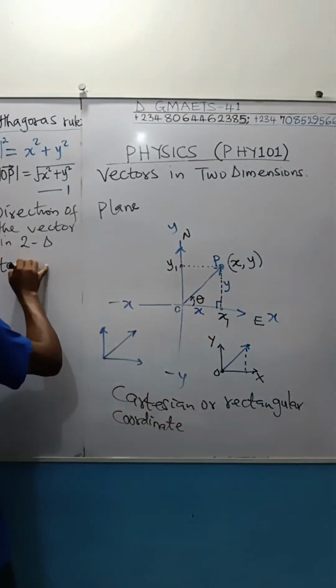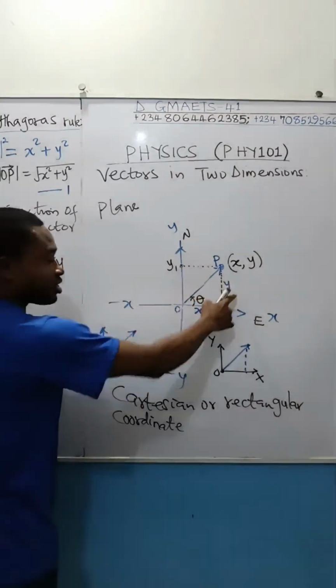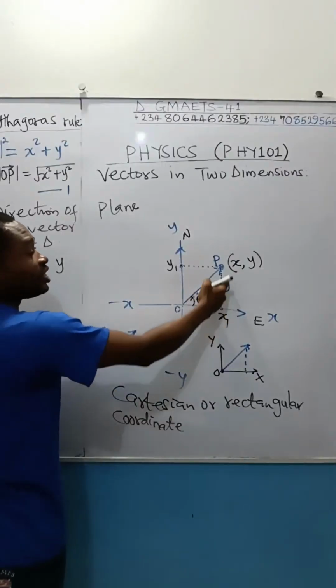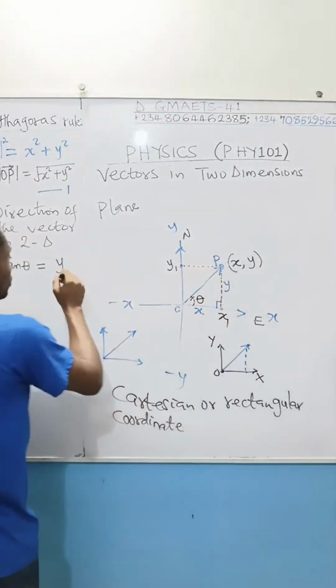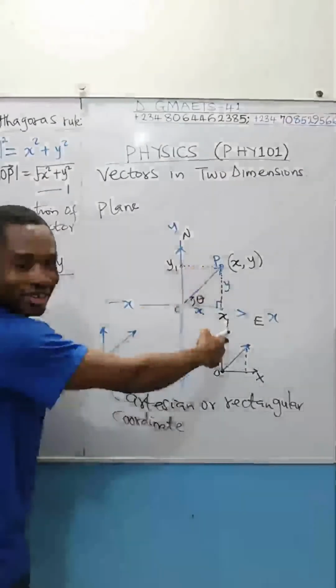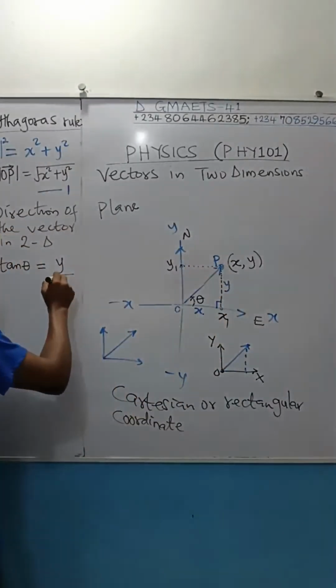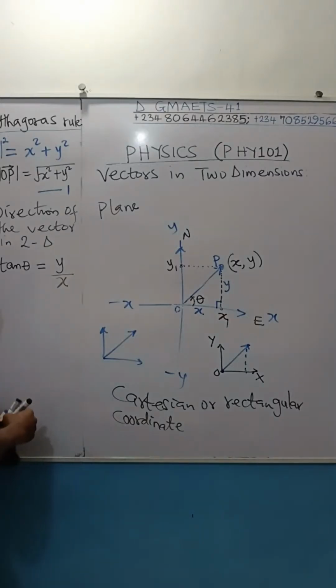You use tan theta equal to the opposite, which is the vertical, OPY, the y component of this vector, which I simply call y, over OPX, that is the horizontal component of this vector, which I just used x to represent.